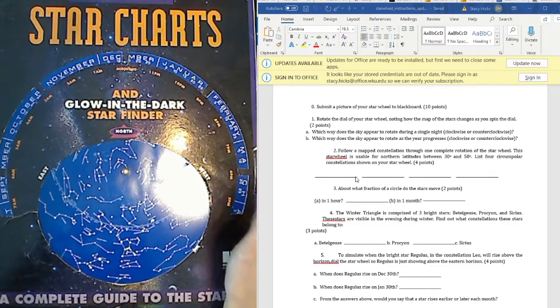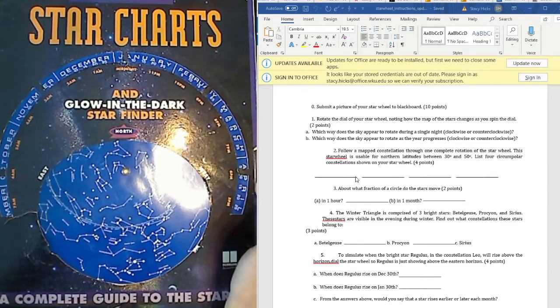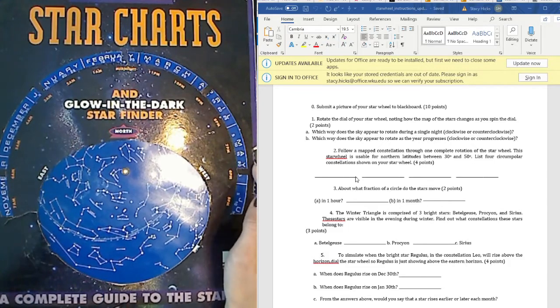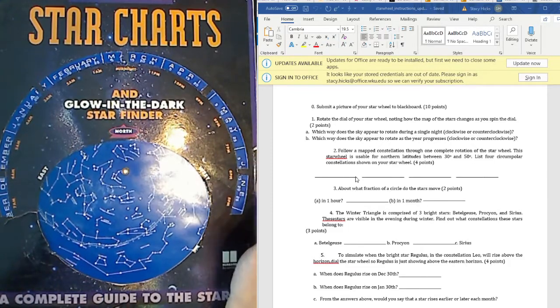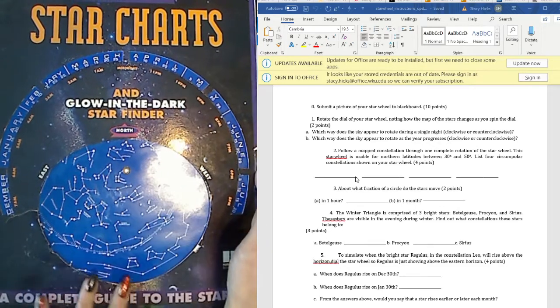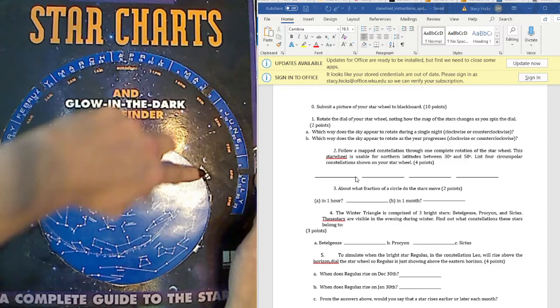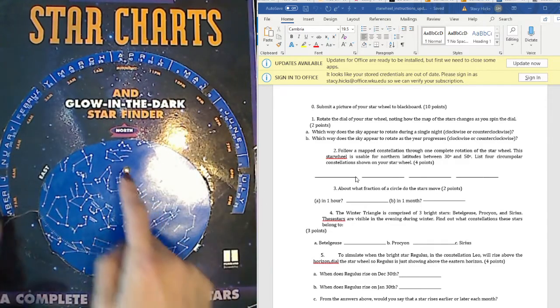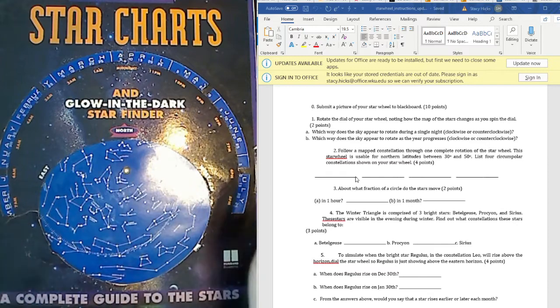And as we travel through the night and go till about dawn, notice that these constellations out here are rising and then setting. Setting is going behind this part. Think of that as your horizon line, right?